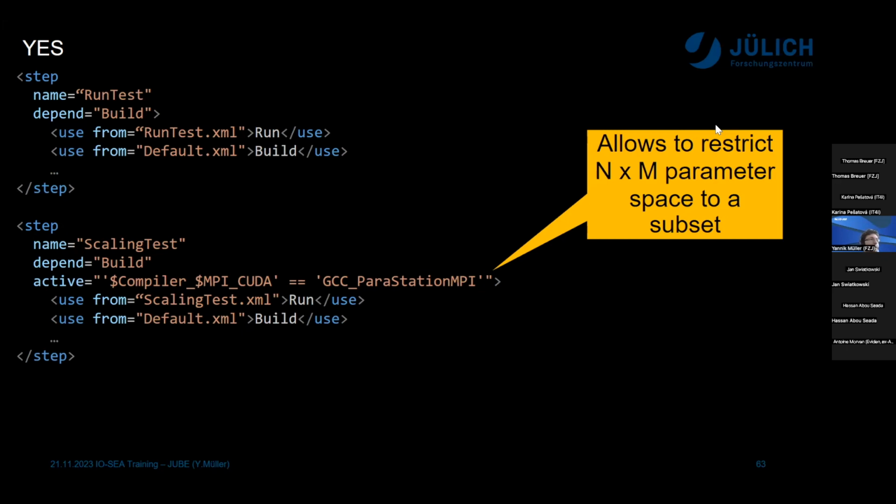So here I defined the stack by these 3 variables, compiler, MPI, CUDA, and they should have exactly the value GCC, parastation, and nothing for CUDA. And then I'm going to run, and otherwise I'm not going to run.